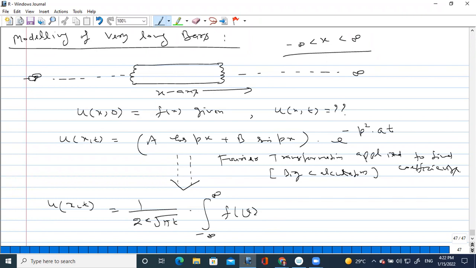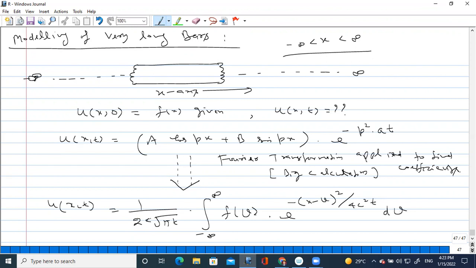Actually v is a function of x only. Understood? So I will explain what v is. This also means f(x) you will convert into f(v), into e to the power minus (x minus v) whole square divided by 4c²t dv.